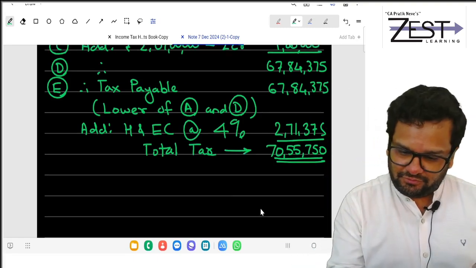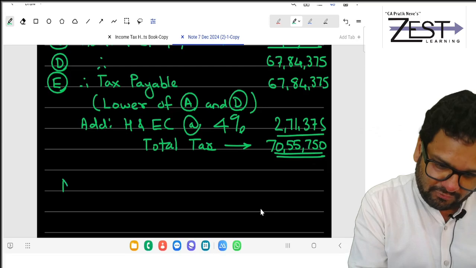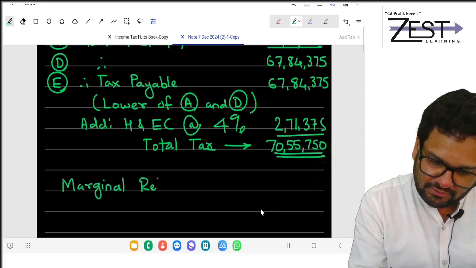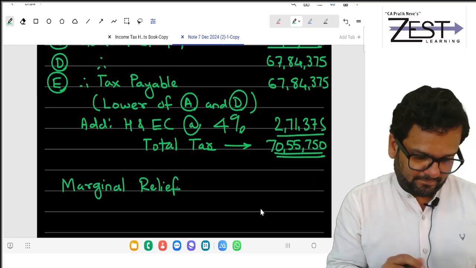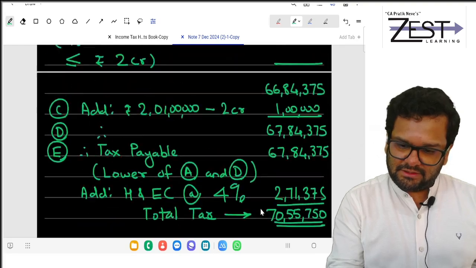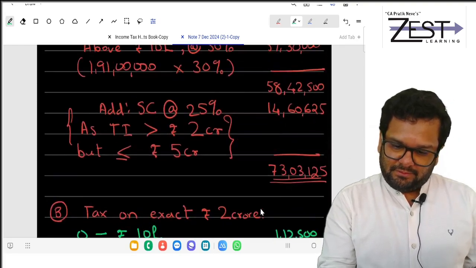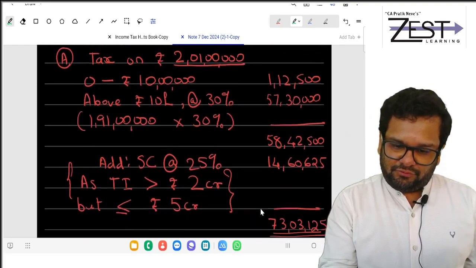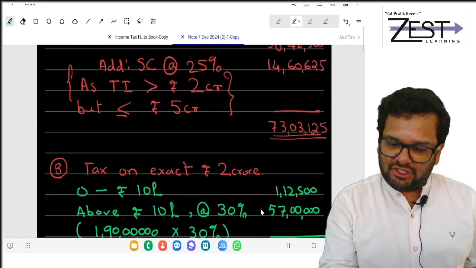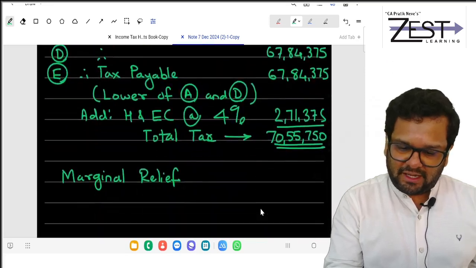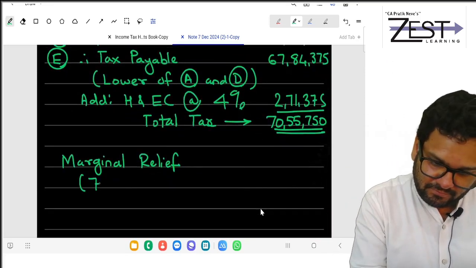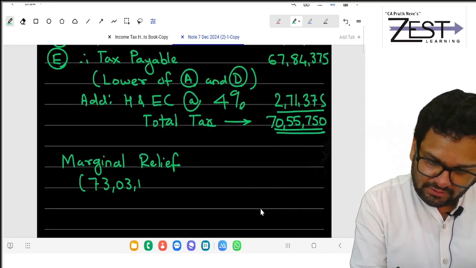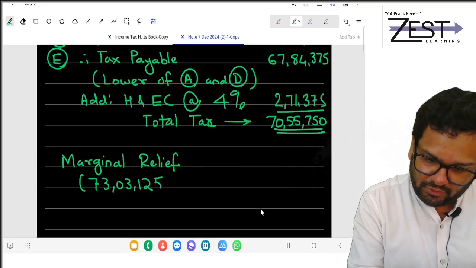Now, how much marginal relief have you got? Yes. If you were not getting that marginal relief, you would have paid 73 lakh 3,125.